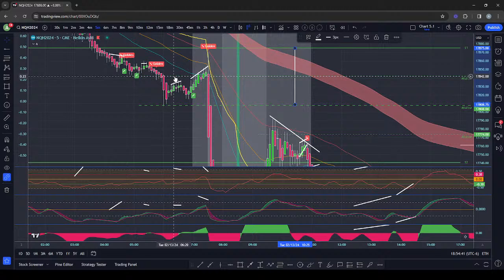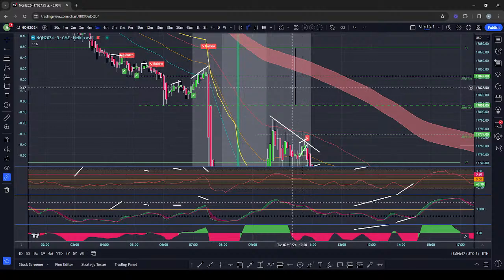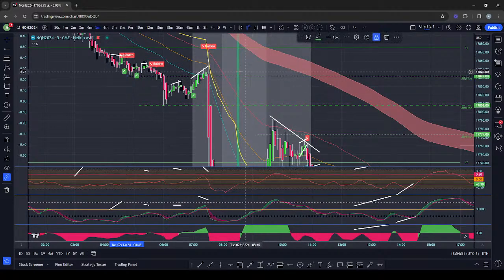Then I add my horizontal ray, and now I'm all set to go. You can delete these lines here. The other thing I like to do, when I put down my midlines, is go to your tool and lock them in. You can change the colors to whatever colors you want, but the main thing is to make sure you lock them in here.